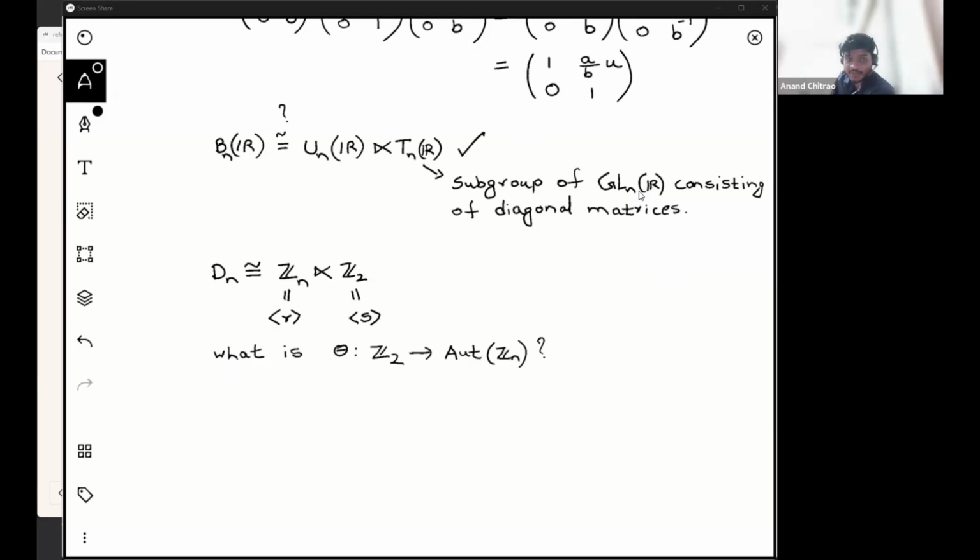What was the trick I told you about? Theta is supposed to be conjugation on this group by elements in this group.